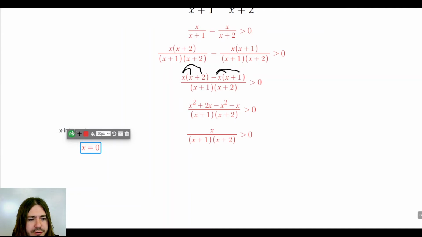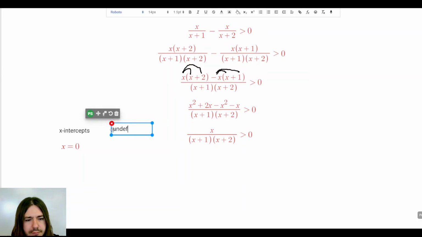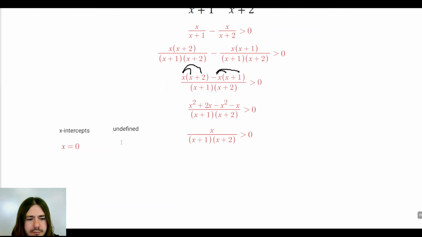And then to find the places where the function is undefined, we're going to have either x plus 1 equals 0 or x plus 2 equals 0. And so the x values where the function is undefined are going to be at -1 and -2.